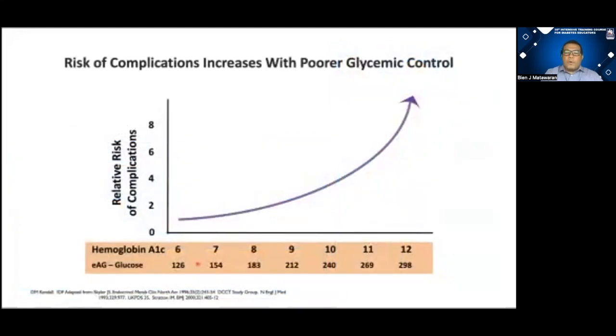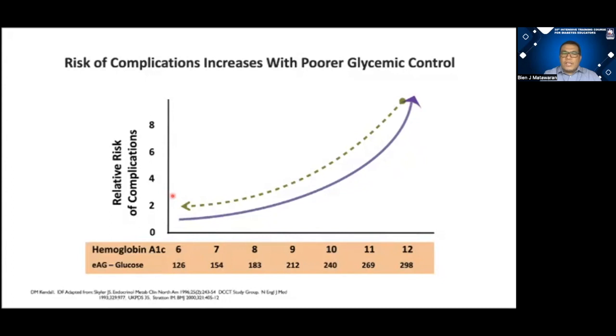Most important, of course, is glycemic control because we are well aware that increasing HbA1c, as represented in this analysis in the DCCT, showed an increase in relative risk for occurrence of diabetic complications, particularly microvascular complications.